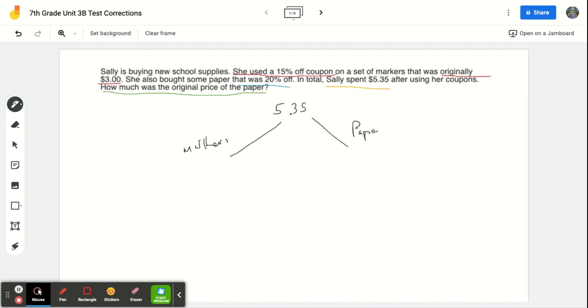So we're going to think of this as two separate pieces, because we need to know the price of the markers and the price of the paper. So let's start with the markers.